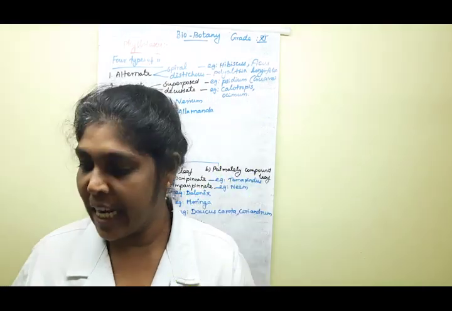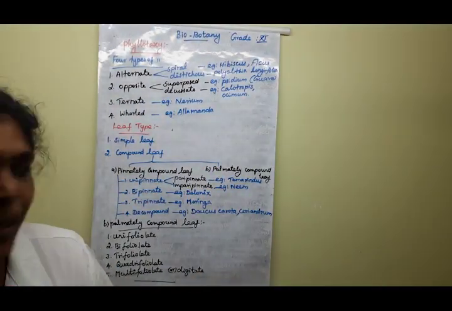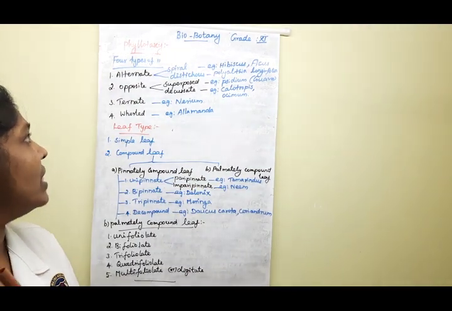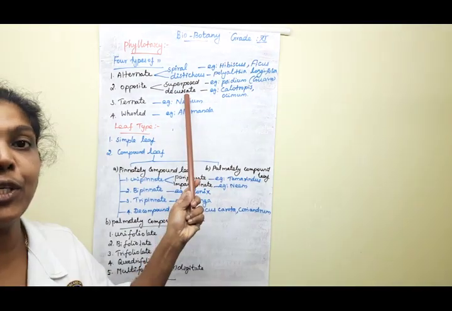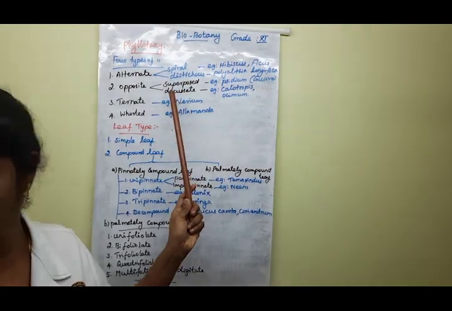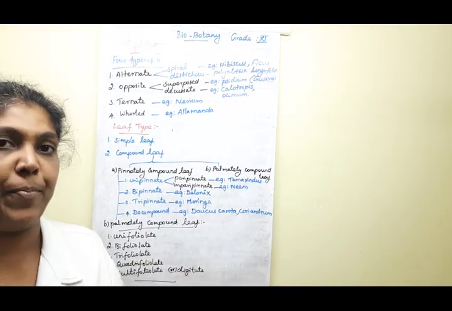Then this opposite phyllotaxy also comes under two types, right? What are the two types? All of you listen. The first one is superposed and the other one is decussate. Clear?